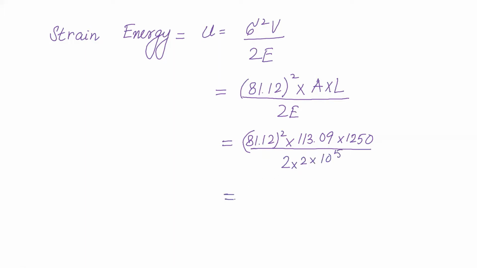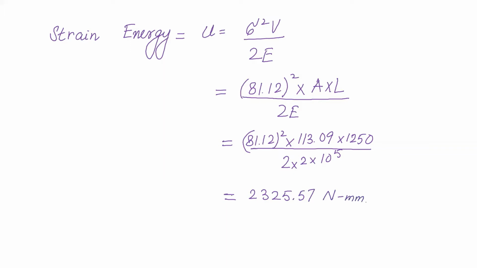So what will be the answer? Let me calculate it out. 81.12 square multiplied by 113.09 multiplied by 1250 divided by 2 into 10 to the power 5. So the answer is coming out to be 2325.57, and the unit you must know, Newton.